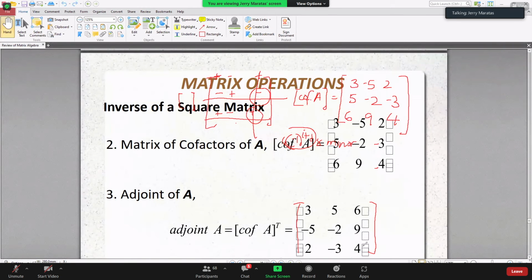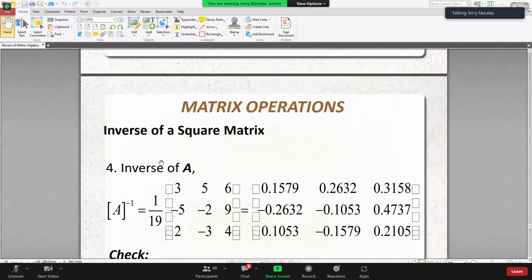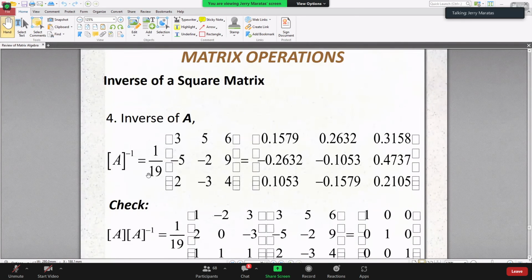No? Now that we have the adjoint, that we have the determinant, that means we are now ready to get the inverse. So, medyo very kuanid kayo, no? Very complex, di ba? So, this is now the inverse. 19 is the determinant, no? So, 1 over 19, then you multiply that by, this is now the adjoint, okay?